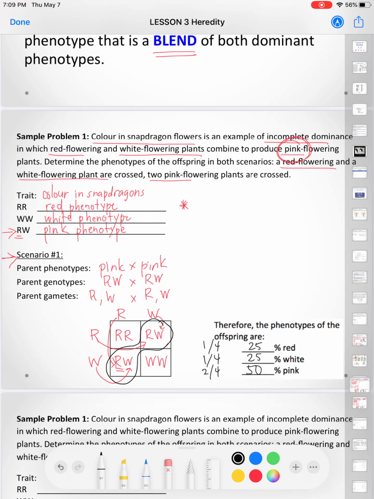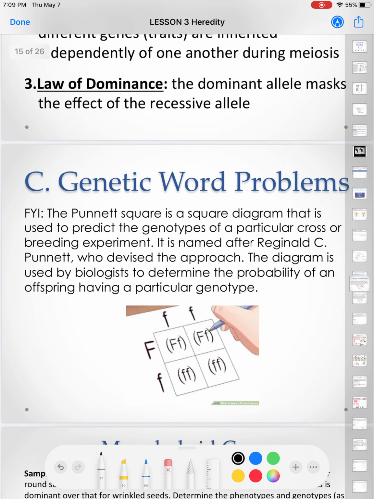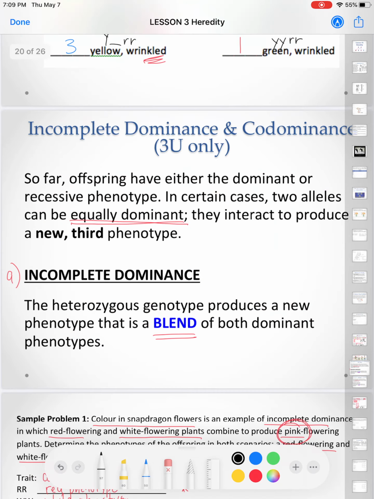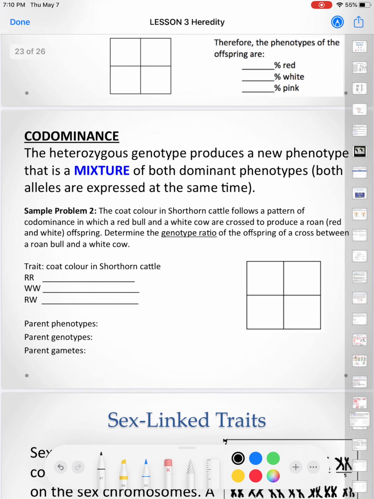Now, if we move on to the next type of question, let's do this here. Oh, where are we? Okay. Codominance. There we go. So codominance, think about when you're in high school and you elected the co-presidents of your high school. There was 2 of them because they both shared the job of class president equally. So this is the same kind of idea.